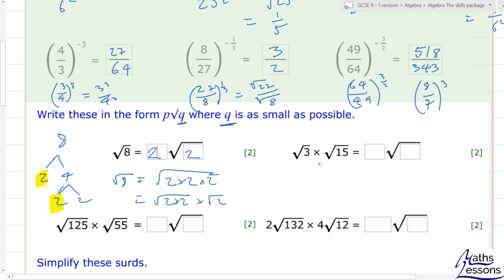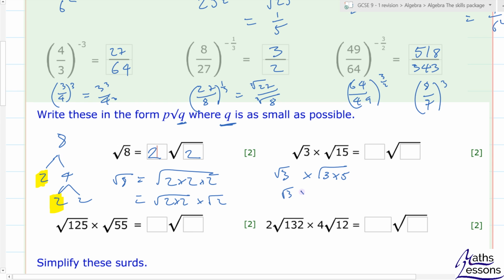Now, I'll give you the same amount of time to have a go at the square root of 3 times the square root of 15. Right, so the square root of 15 is root 3 times root 5.